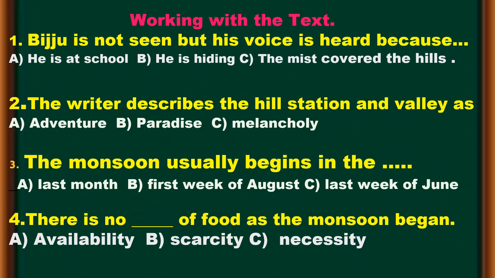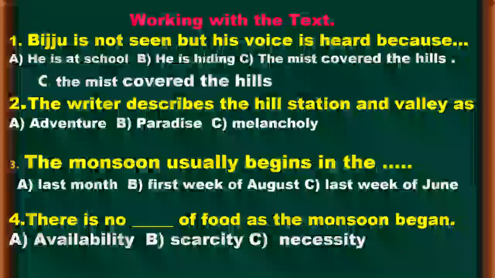Yes, the reason is the mist covered the hills. Fine. Now let's look at the second question. The writer describes the hill station and valley as: A, an adventure; B, paradise; C, melancholy. So what is the right answer? Yes, it is a paradise.